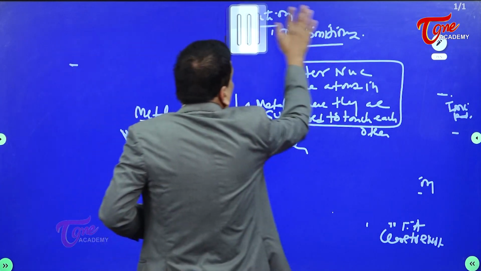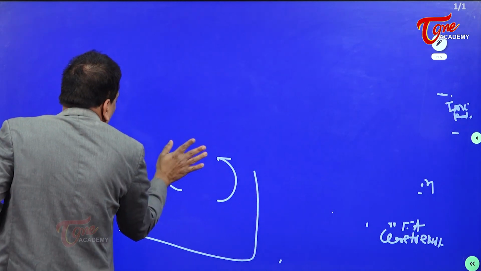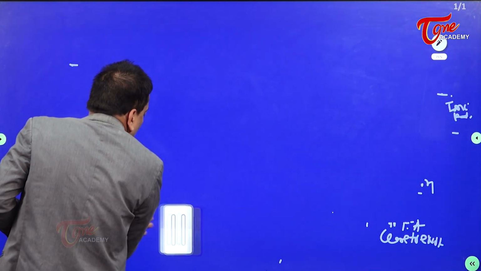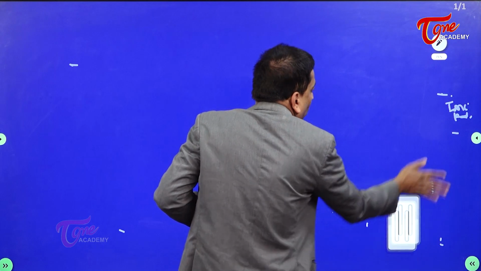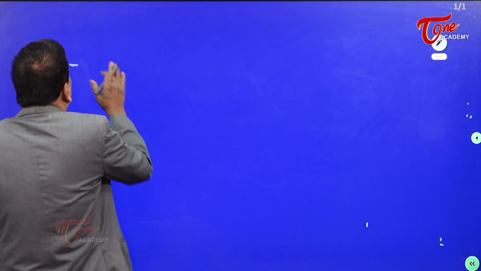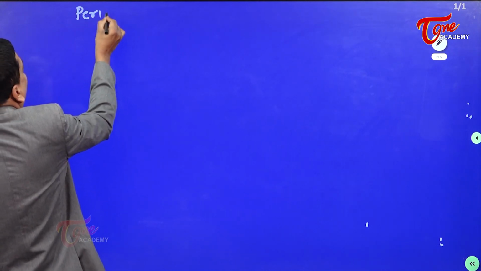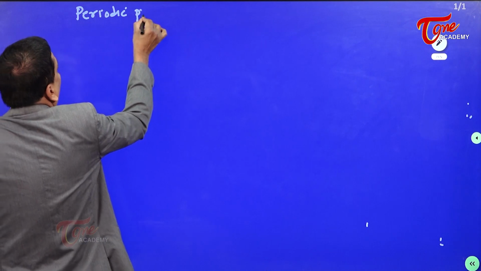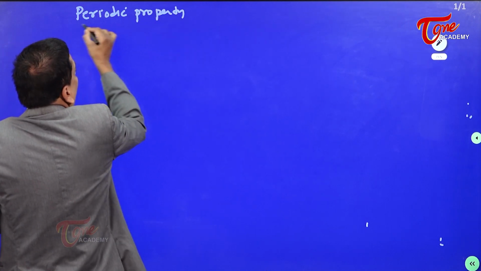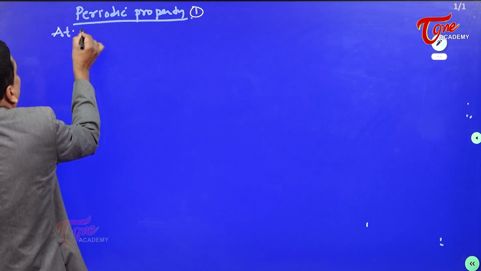Let us actually see everything in one frame. So what we are discussing is the periodic property, and periodic property 1, that is atomic radii.